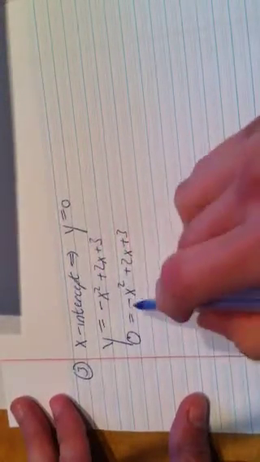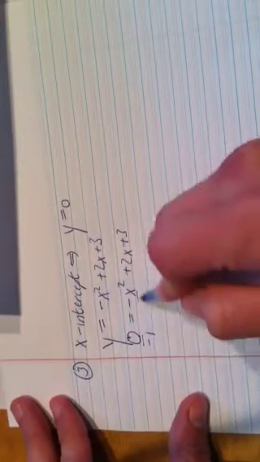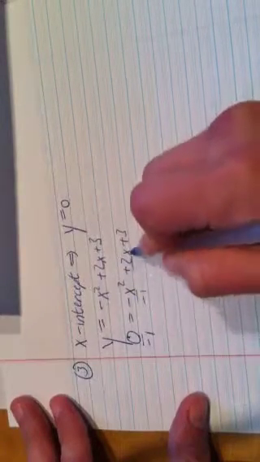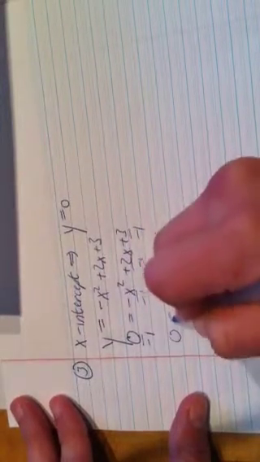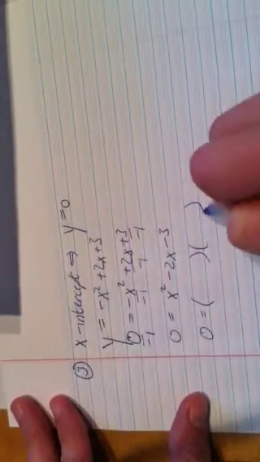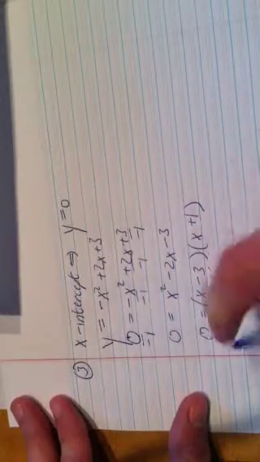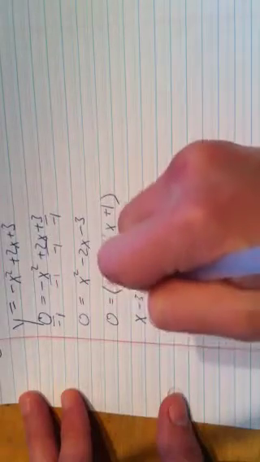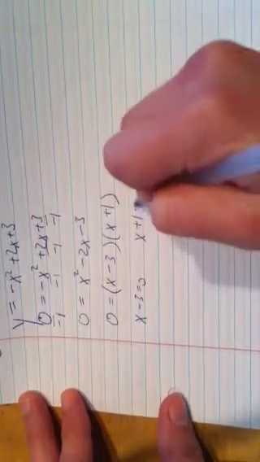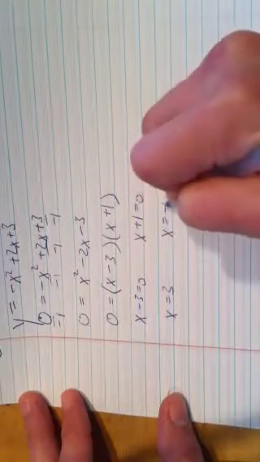I'll try to factor. So if I divide everybody by a negative 1 first, to get rid of this negative sign here, I'll get 0 equals x squared minus 2x minus 3, and I can factor this to x minus 3 times x plus 1, so x minus 3 equals 0, or x plus 1 equals 0, so x is 3, or x is minus 1.